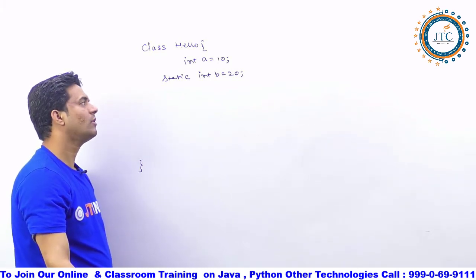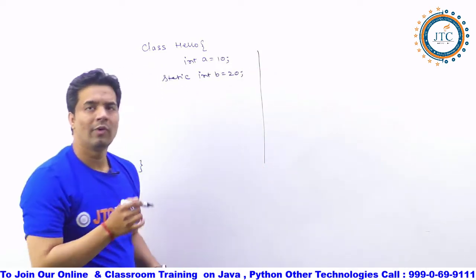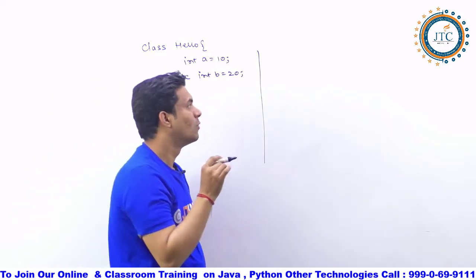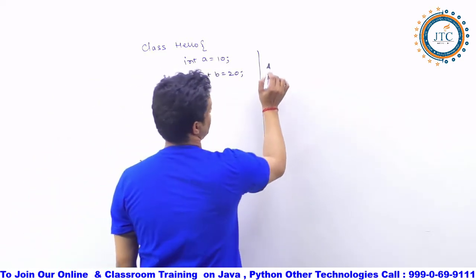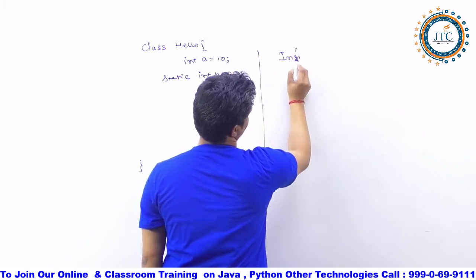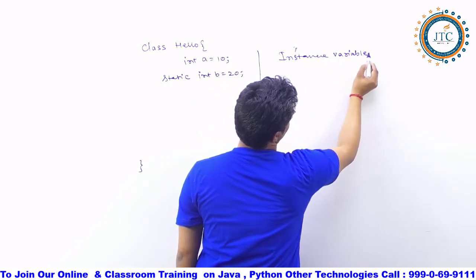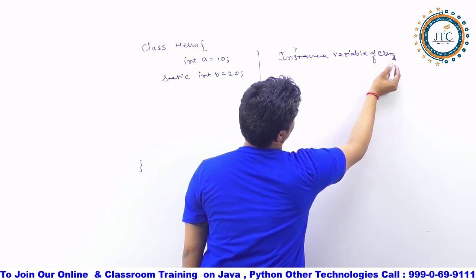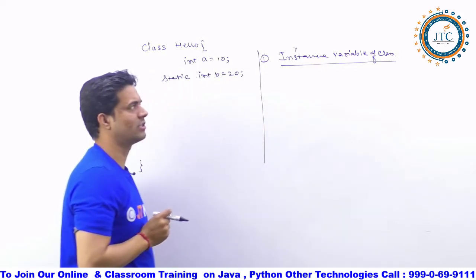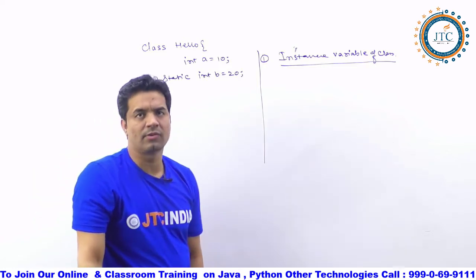Now my next question is: when exactly will memory be allocated for the instance variable of a class? The first question is this: when will memory be allocated for the instance variables of a class?